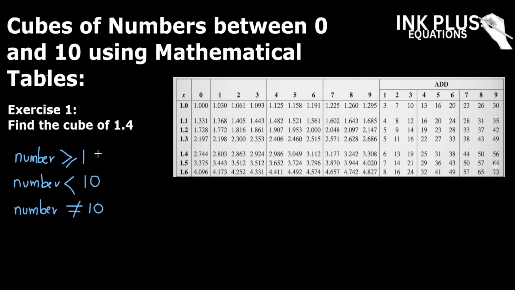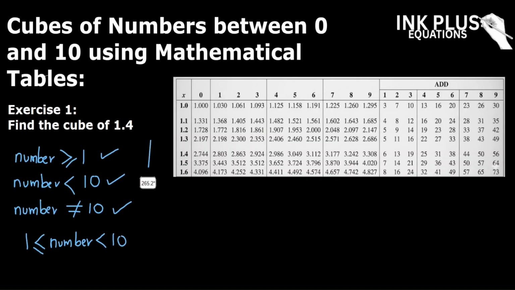Is 1.4 greater than or equal to 1? Yes. Is 1.4 less than 10? Yes. Is 1.4 equal to 10? It is not equal to 10. So all the rules are correct. So we can also write the number is greater than or equal to 1 and the number is less than 10. This is the rule that you must always follow.